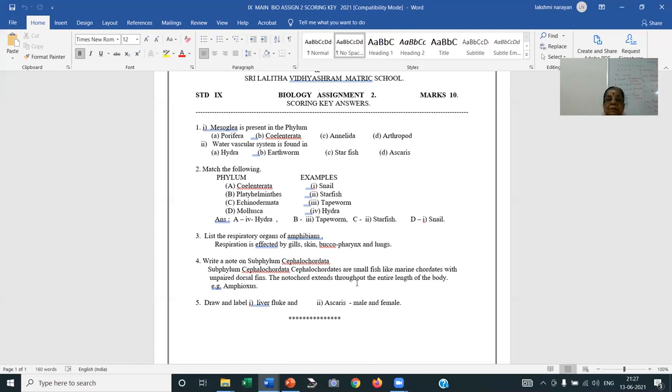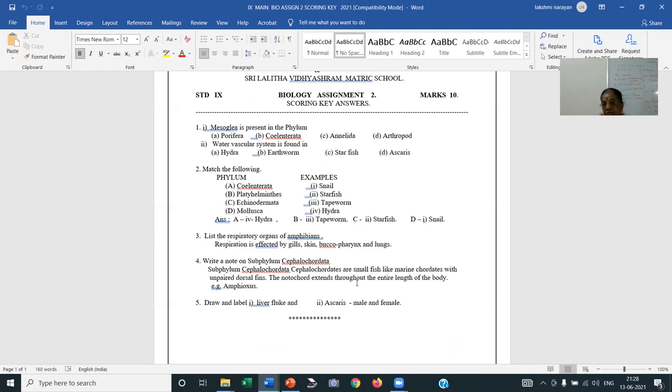An example is the frog. At the young larval stage, it lives in water. That is called the tadpole larva, and the tadpole breathes through gills. So gills are the respiratory organ for the tadpole.